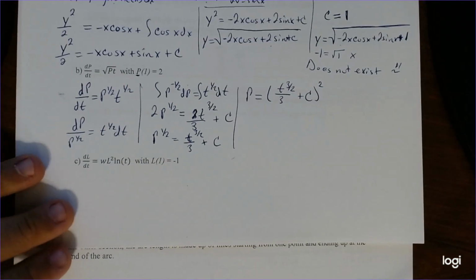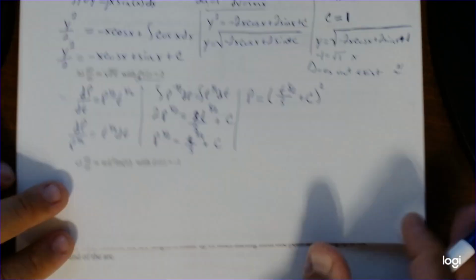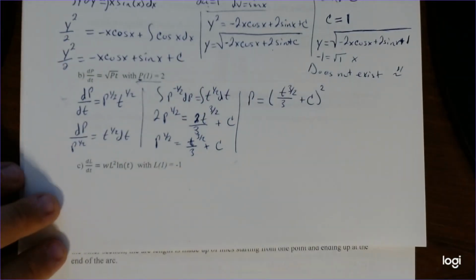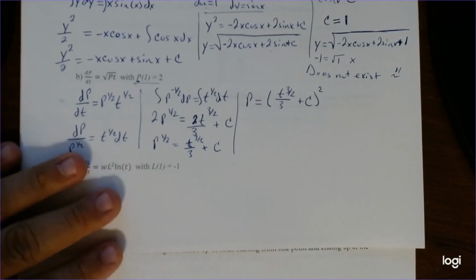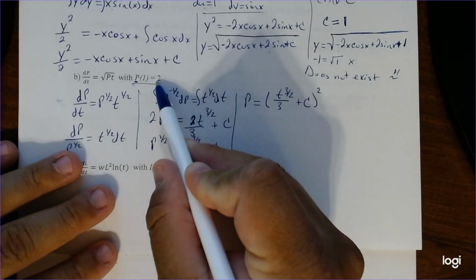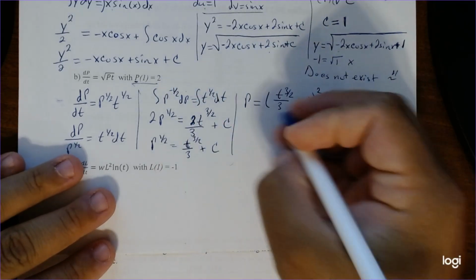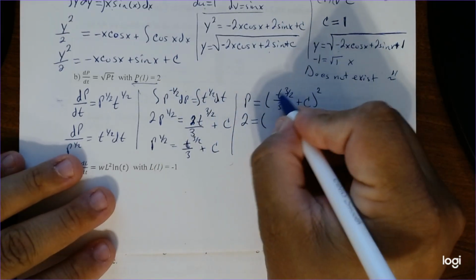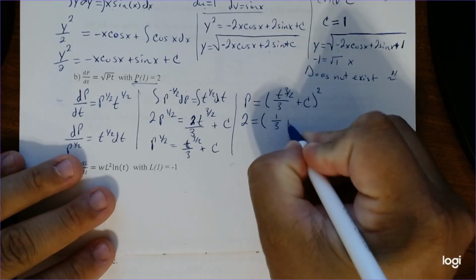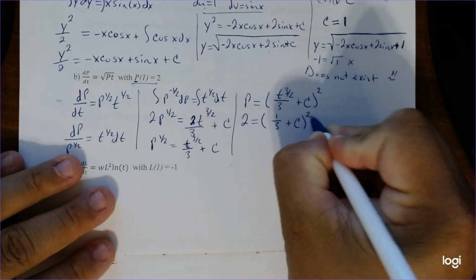Okay. And now we plug in our initial value. So when t is 1, p is 2. So this is 2, and t is 1, so t to any power is just 1. We get that.